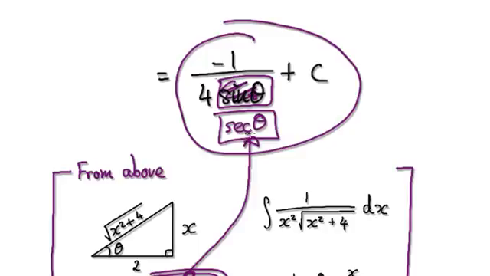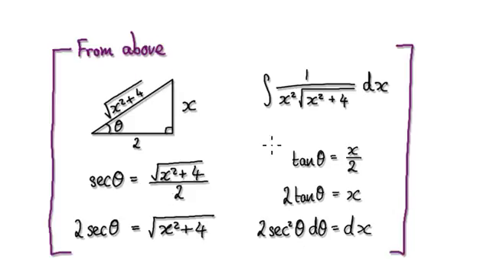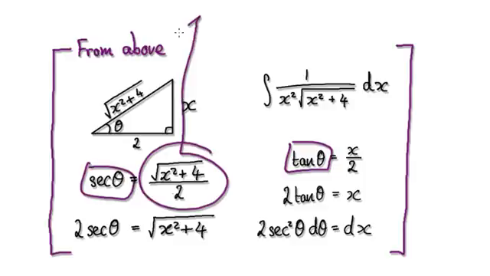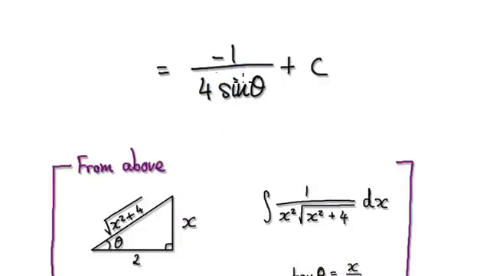But the thing is, our answer is, we've got a sine here. So there's nothing convenient. You see, if you had a tan or a secant, then you can immediately put it back into there. But our answer here is in terms of sine theta. So visualize this thing here.